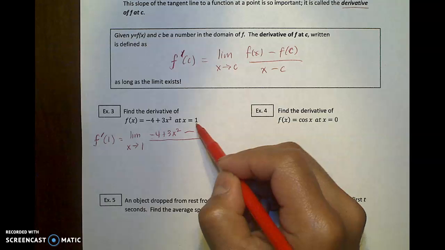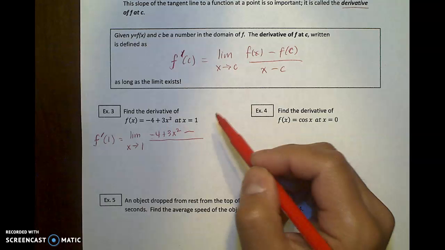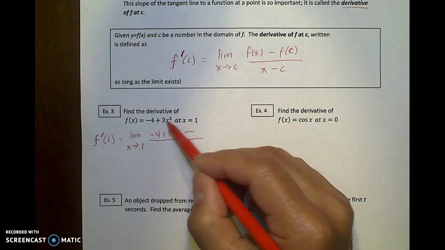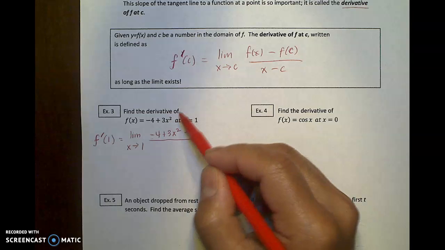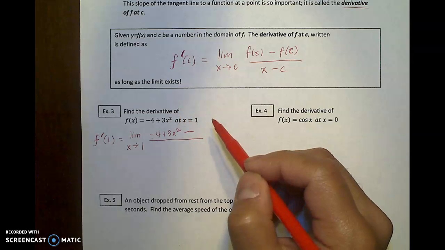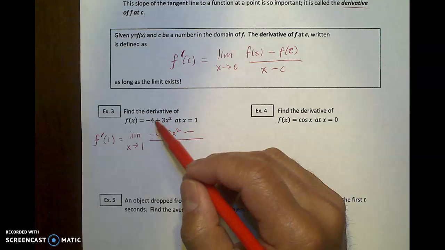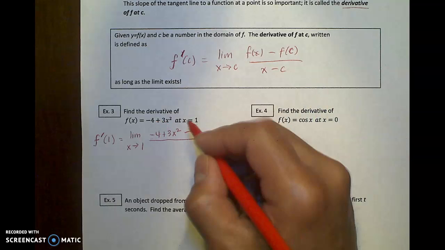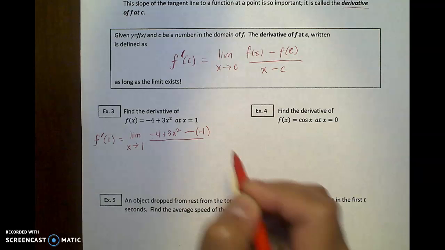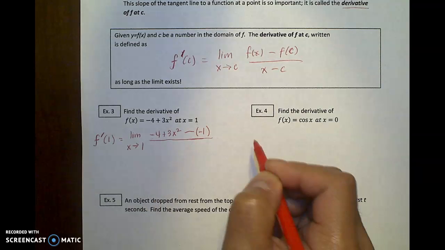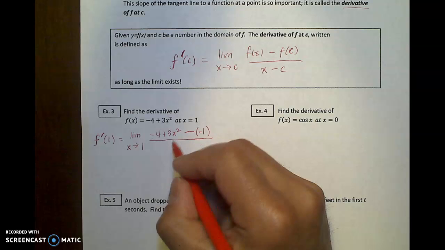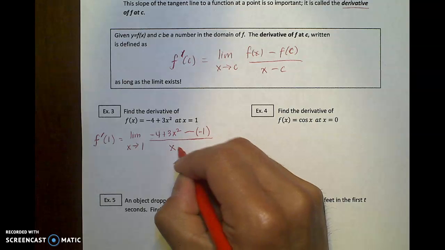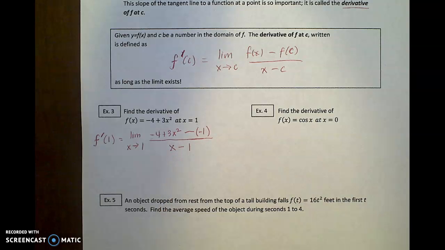So I'm going to plug 1 in for x, so it's 1 squared is 1 times 3 is 3, negative 4 plus 3 is negative 1. We're subtracting negative 1, all over x minus our c value.